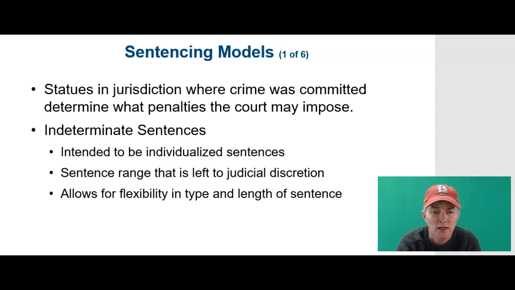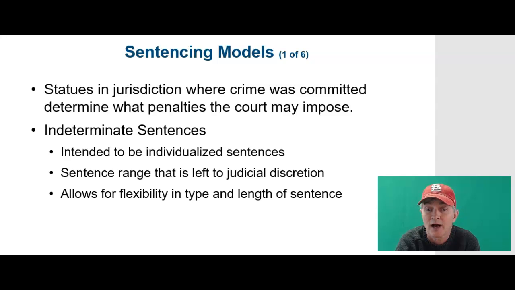As you can imagine, the law may issue a minimum or maximum sentence for the crime committed, but the judge is able to fix the sentence within that range. This type of sentencing allows for flexibility in the type of sentence imposed and the length of time served. Now, the ability for a judge to exercise discretion has been limited and/or granted more or less at different times in our history.